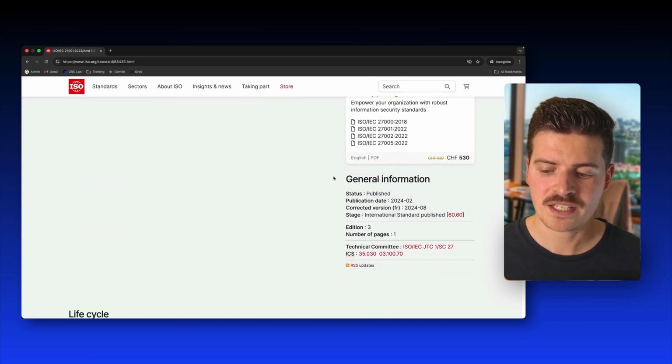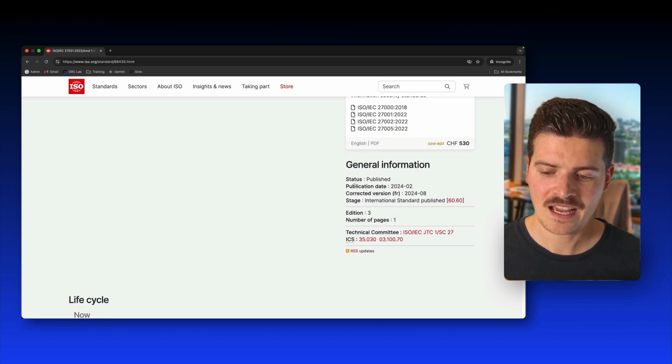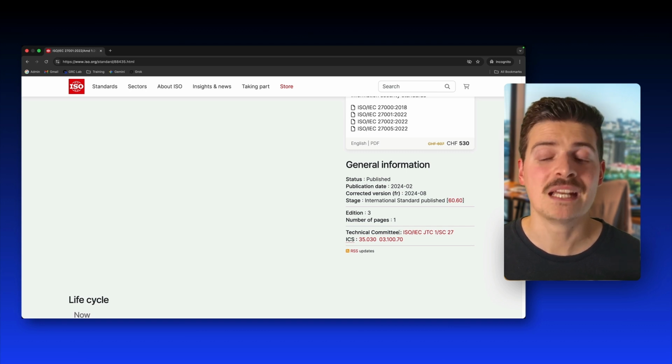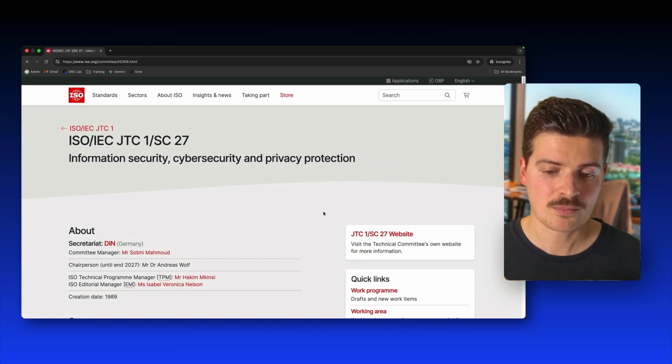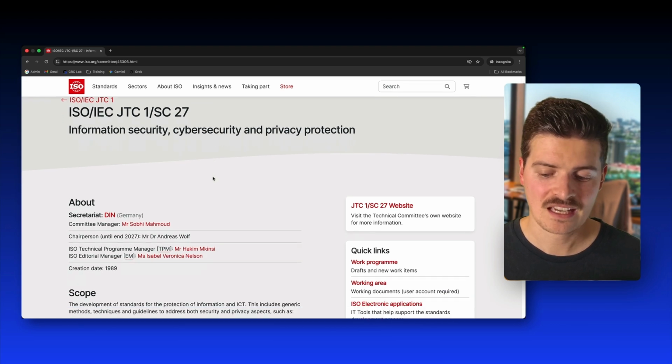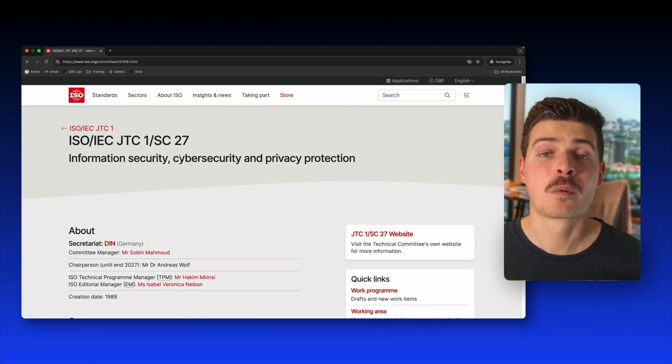And now if we go down, then we have some general information about this standard. And here are the publishers, so which committee actually released these standards. And this takes us to the Joint Technical Committee 1, Subcommittee 27. And this is the group of people that actually develops these standards.